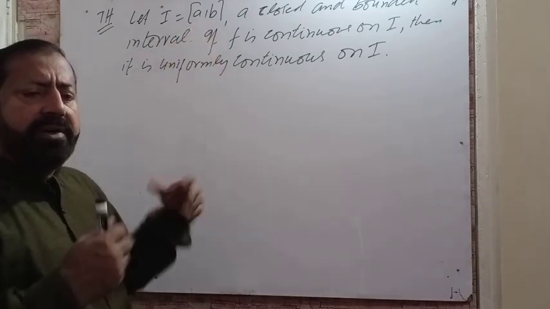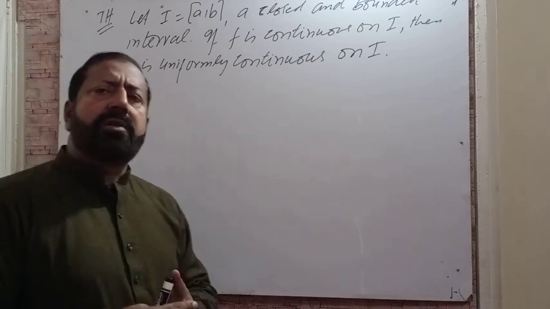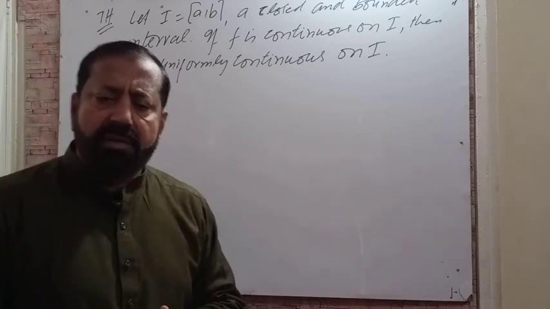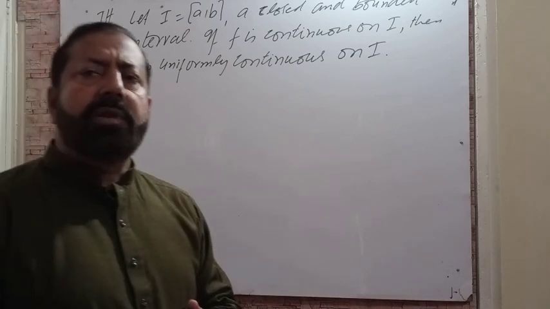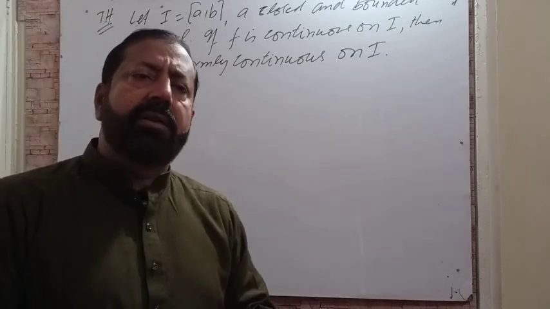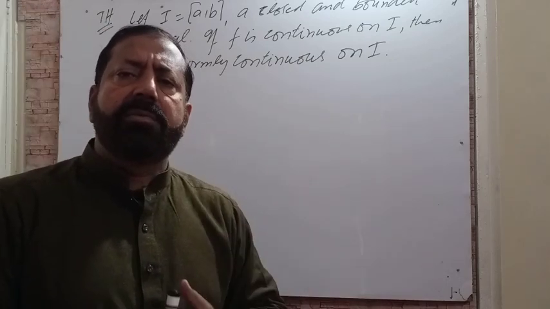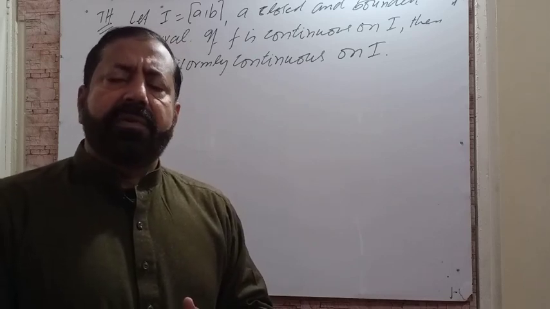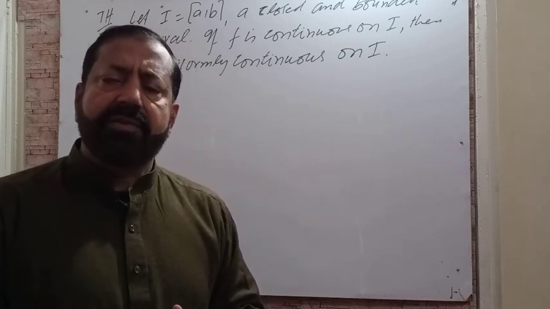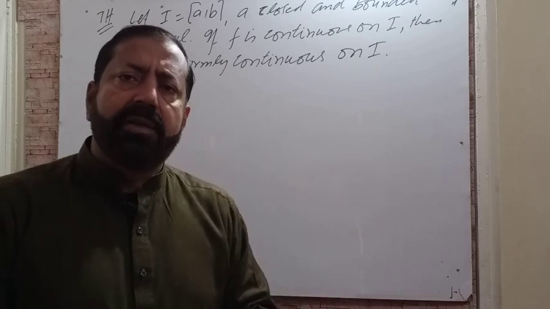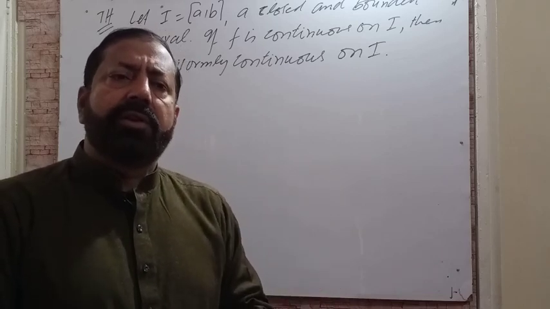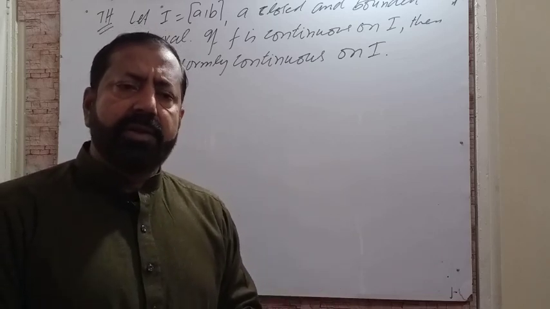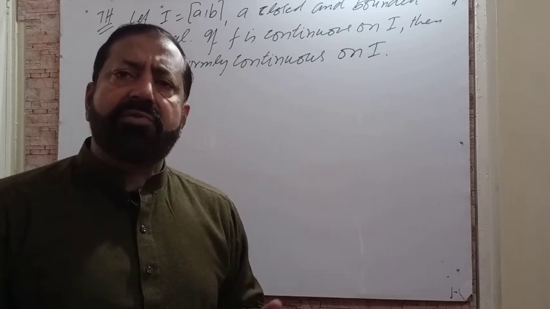You know that we call this closed and bounded interval compact as well. So this theorem can also be stated as: if function f is continuous on a compact set, then it is uniformly continuous, right? So that was a natural question.